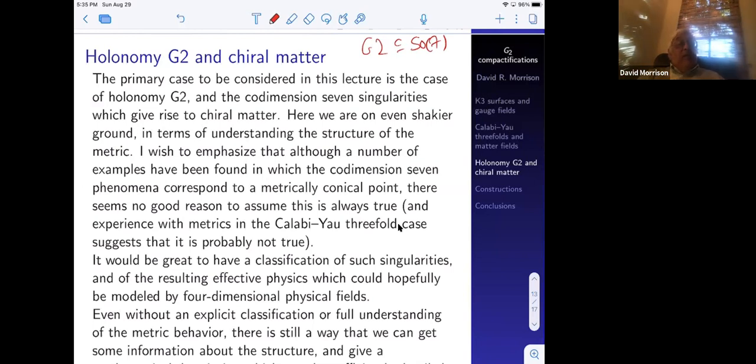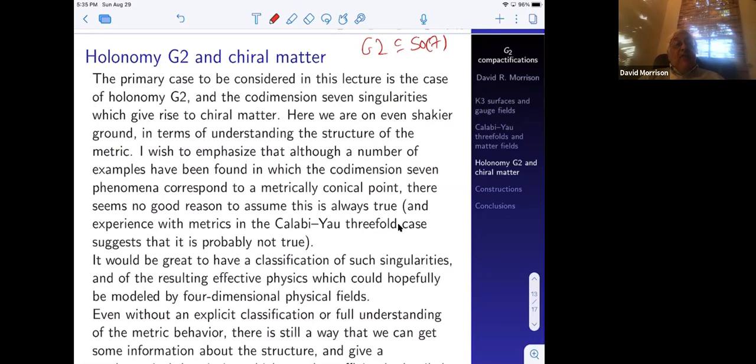So I have a 7-manifold, or perhaps a singular space that is generically a manifold, and I would have a metric on the generic part. It would have some kind of asymptotic behavior near the singularities, and I would insist on G2 holonomy in the non-singular part and appropriate asymptotic behavior near the singularities. But I'm on even shakier ground for understanding what those codimension 7 singularities might do.